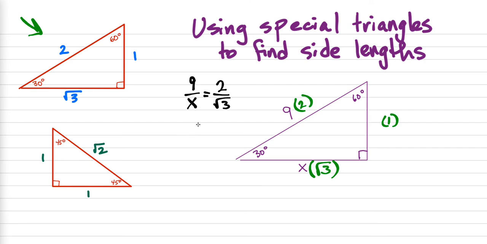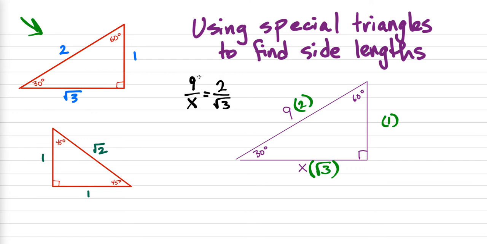Since it's a 30, 60, 90, isn't x just 2 square root of 3 thirds of 9? It's not a regular 3, it's a square root of 3. Yes, so what you're saying is correct, but let's just write it out.